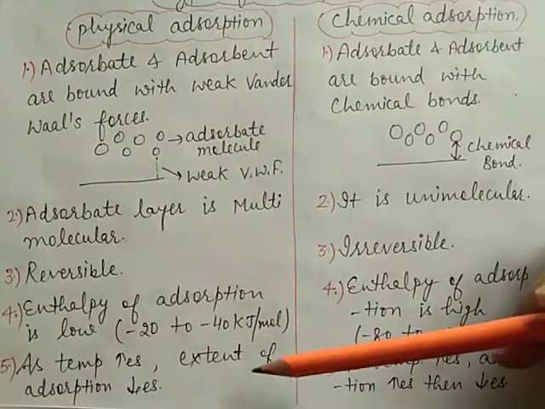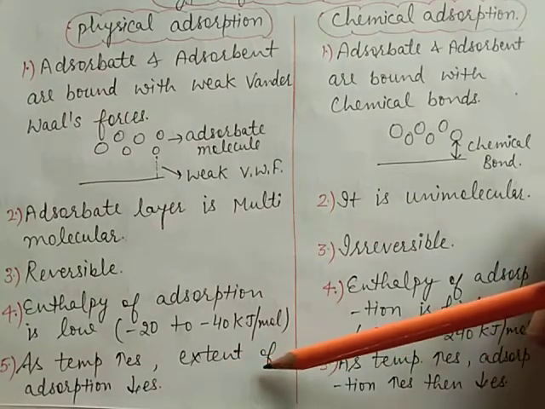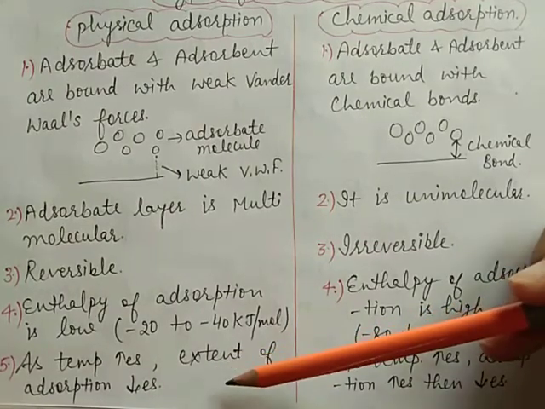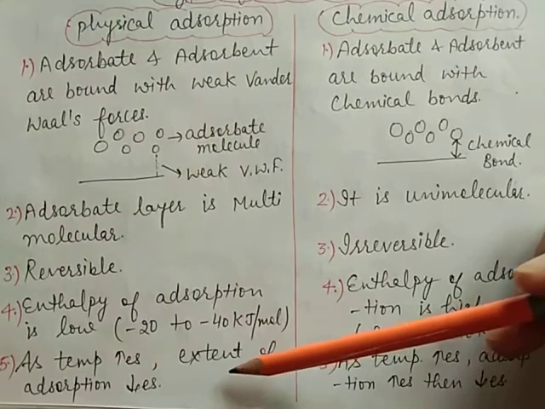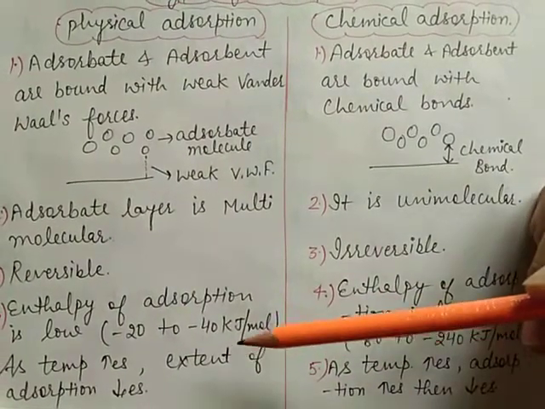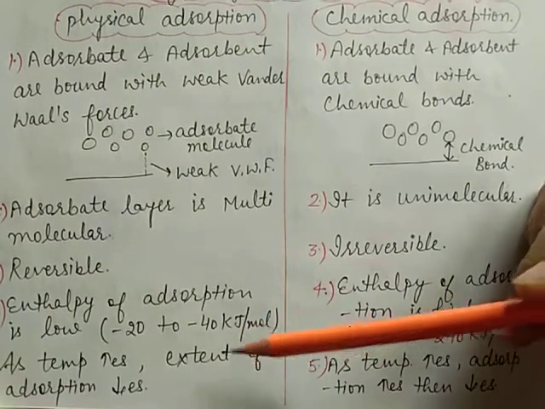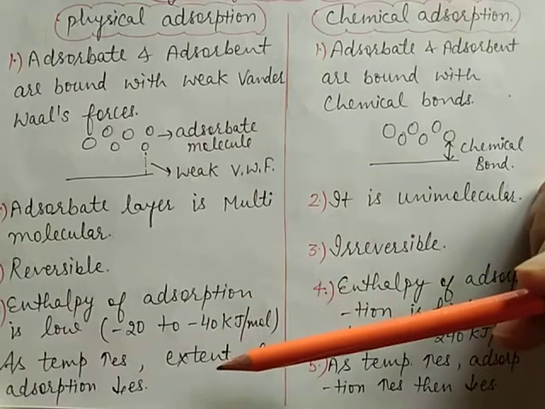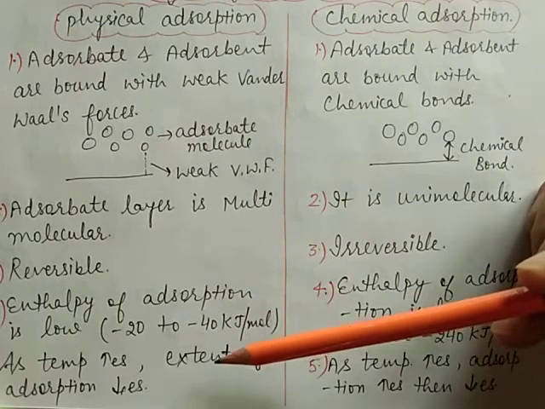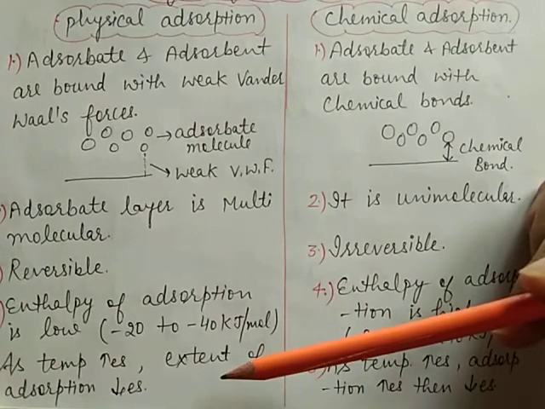Now the fifth point is, as the temperature increases, the extent of adsorption decreases. It means with increase in temperature, adsorption decreases. Means low temperature is favorable for physical adsorption.